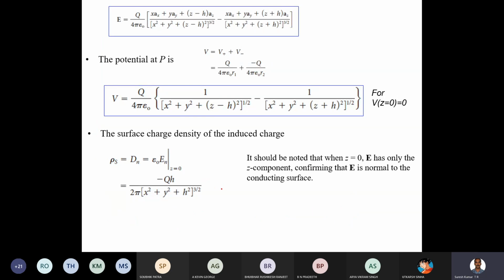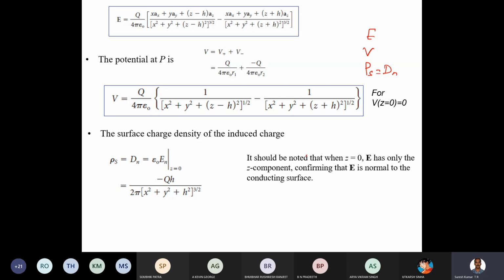Is this clear? While solving the problem, this is a critical point. Z equal to 0, or finding the normal component, is an important point. Shortly, we are going to practice one problem. So far, electric field is calculated, potential is calculated from the basic simple formulas. Then we have calculated the surface charge density using this boundary condition.